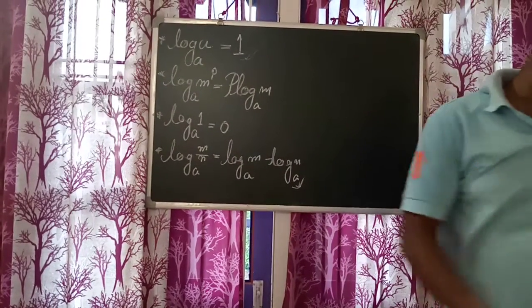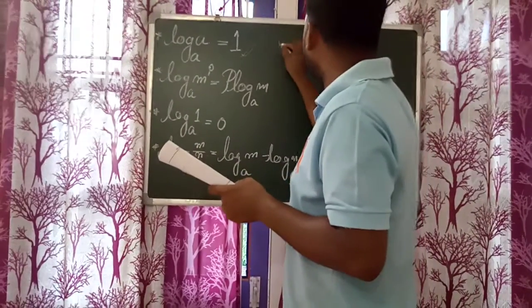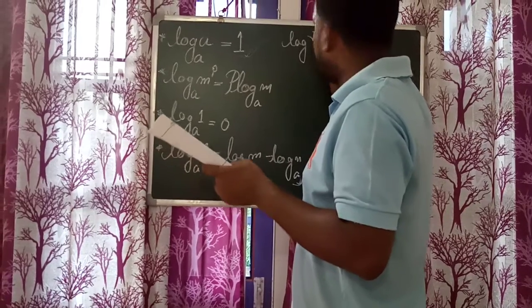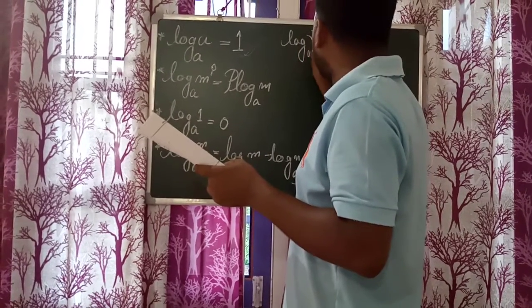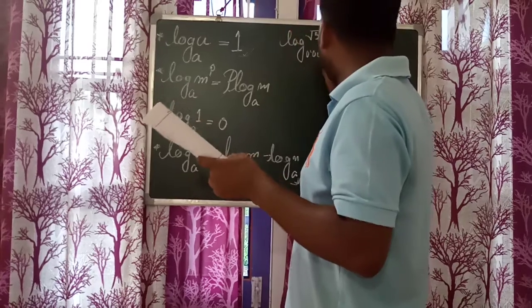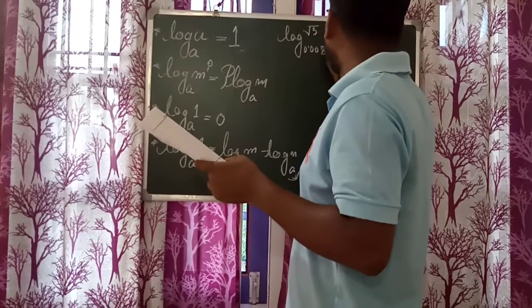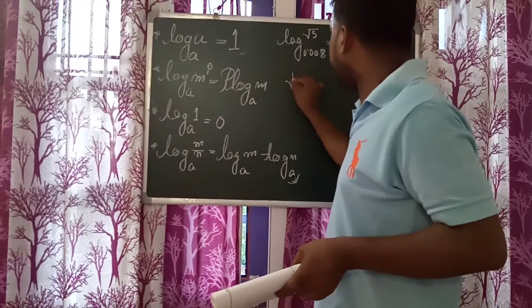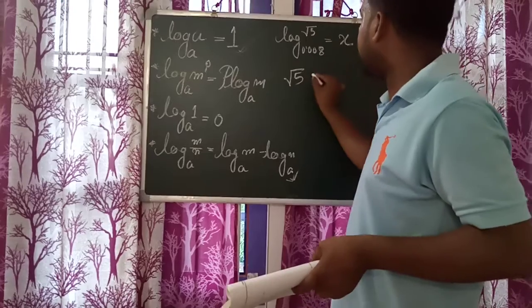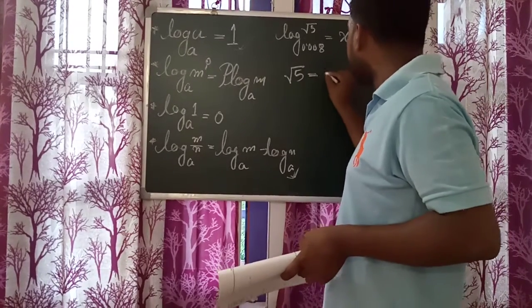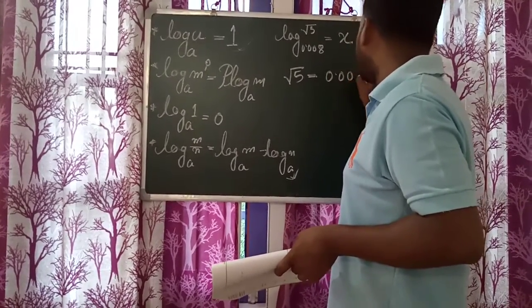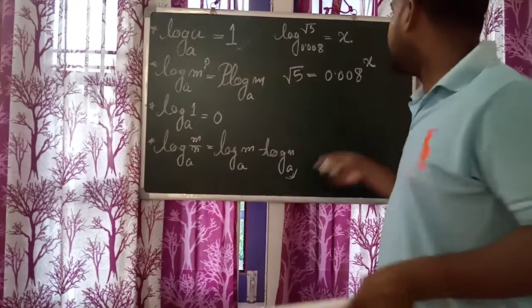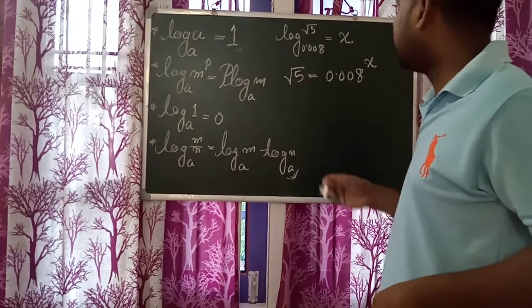See question number 4. Log root 5 by 0.008 is equal to x. Okay, here root 5 is equal to 0.008 to the power x.